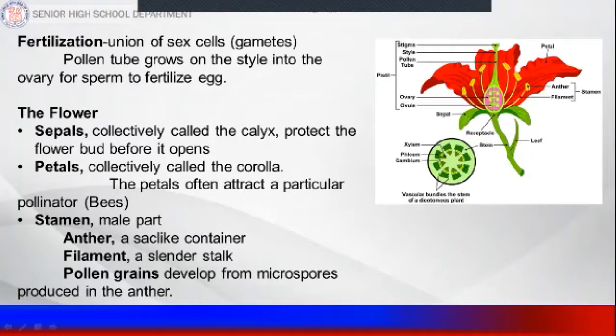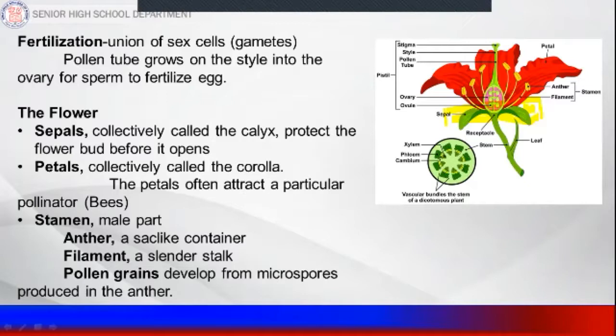This is the sepal. When the flower is still developing, it is somehow closed, and later on it develops and produces petals. When it is still closed, you can clearly see the sepals first and foremost.